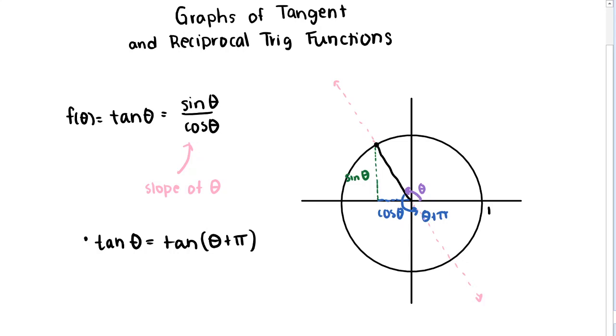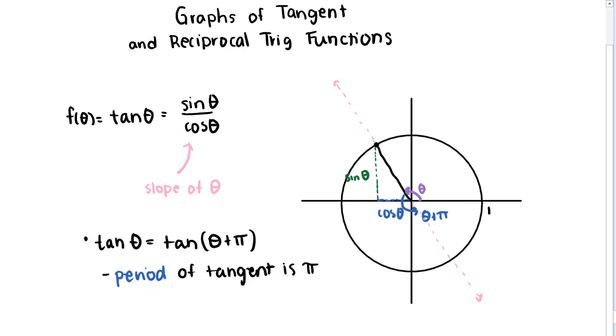What this is saying is that the period of tangent is pi. It repeats itself. It only takes going halfway around this unit circle for tangent's values to repeat.